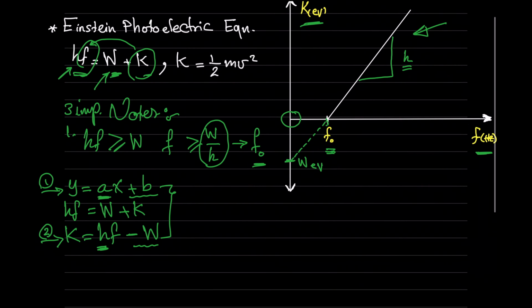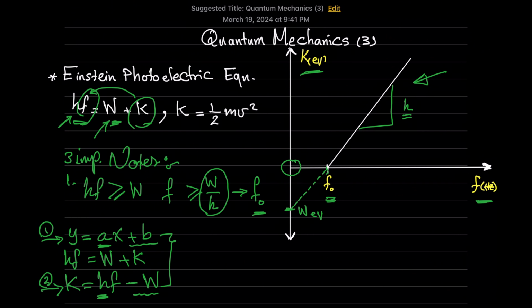So if we have an experimental setup in which we can record the kinetic energies at different frequencies of the incident electromagnetic radiation, such that we can plot this graph experimentally, we can find the experimental value of Planck's constant.